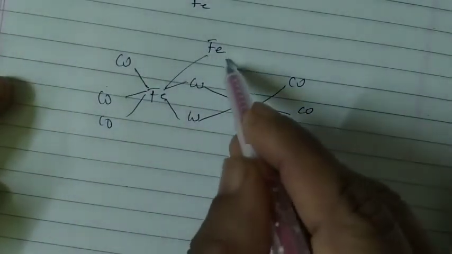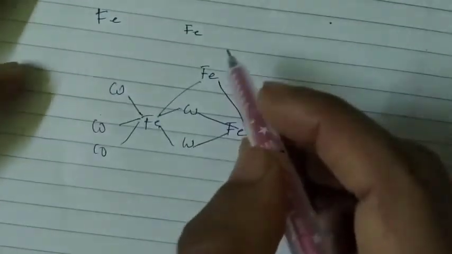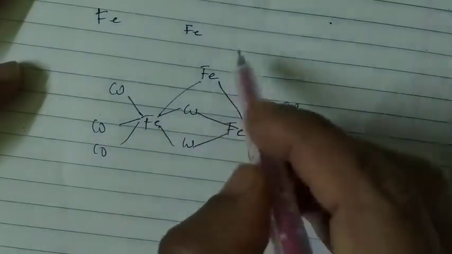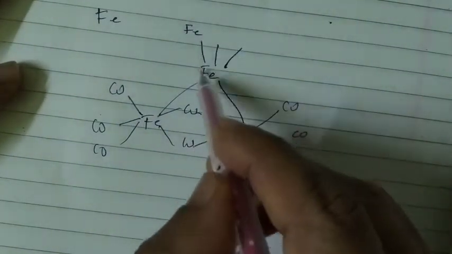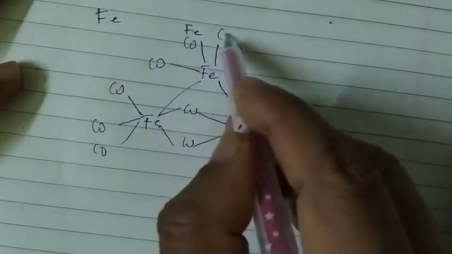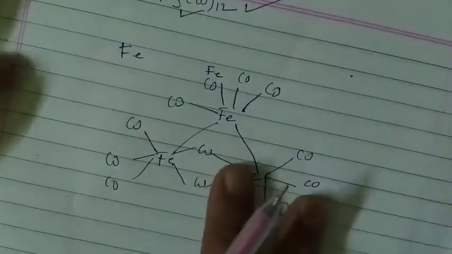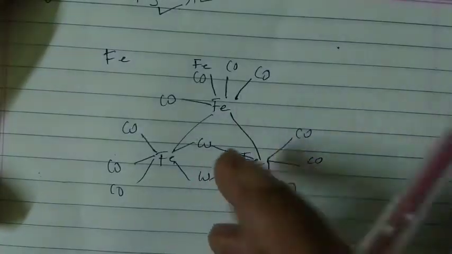And you can see the iron is bonded here and here, twelve carbonyls in all. This is the structure of Fe3(CO)12. This is very much important. If you know this, then you can expect how the spectroscopy is helpful here.